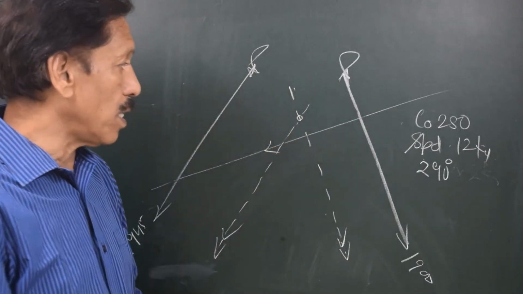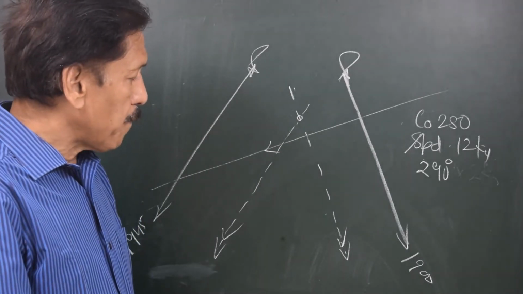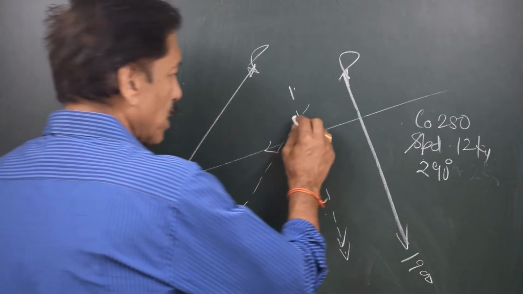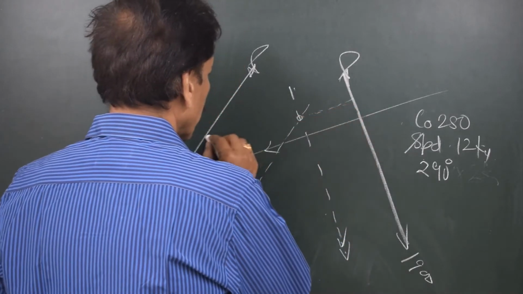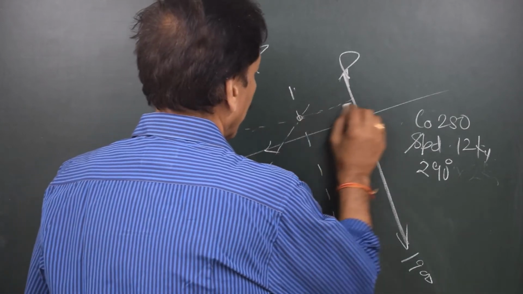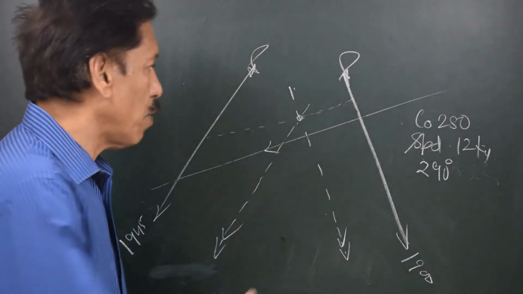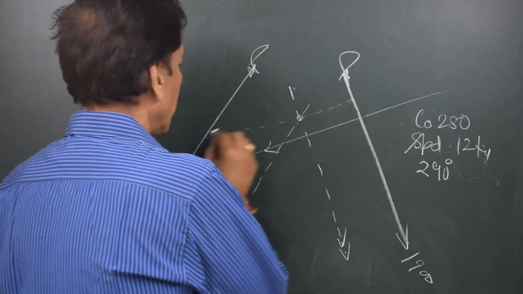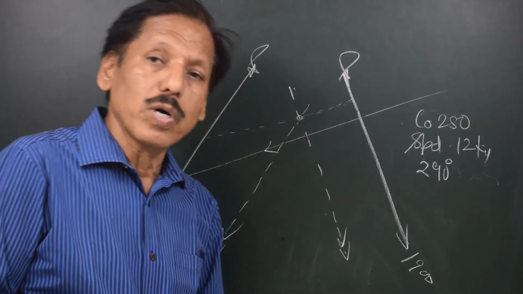I get the first intersection point. Now, the importance of this intersection point is that if the ship's course was on this line and there was no current, I would have been going from here to here, because this point can also be called the no current point.